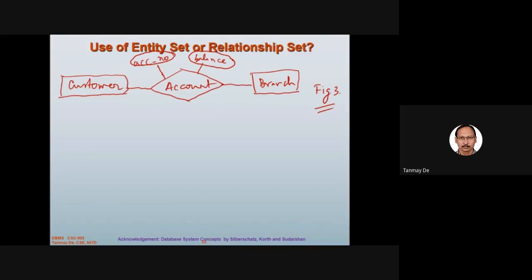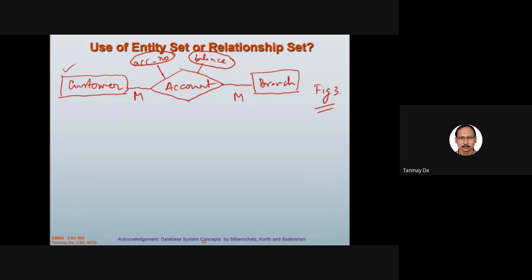In figure 3, the customer may have an account at many branches. So this side is many and this side is many.